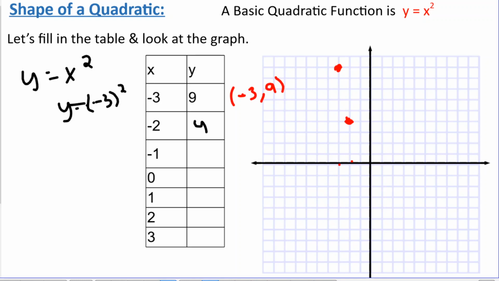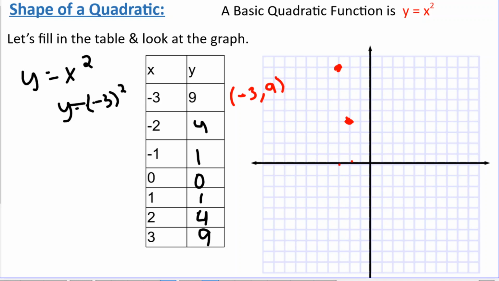When x is -1, -1 squared, -1 times -1, is +1. And 0 squared is just 0. +1 squared is also +1. And +2 squared is +4. And +3 squared is +9.